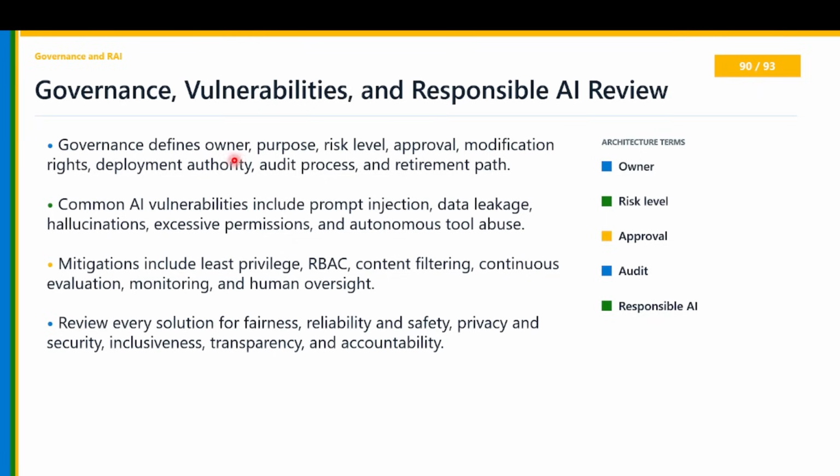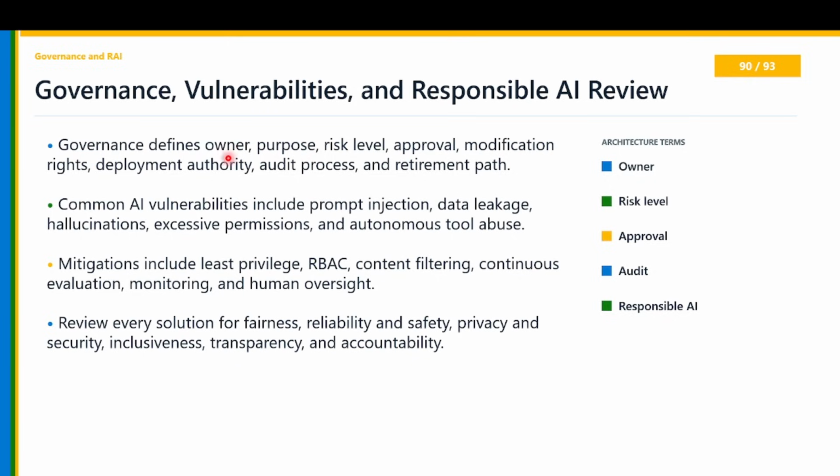Governance defines owner, purpose, risk level, approval, modification rights, deployment authority, audit process, and retirement path. So you can see that the entire agentic AI application lifecycle still passes through governance. And of course, governance is part of lifecycle management.